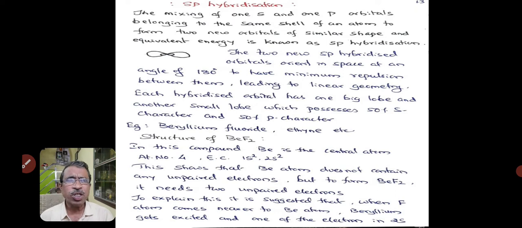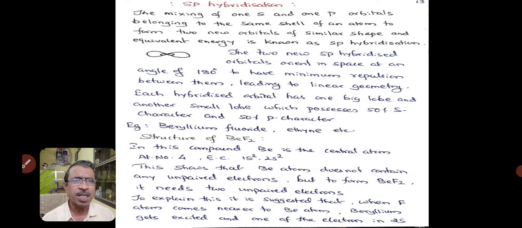Coming to the structure of beryllium fluoride. In beryllium fluoride, beryllium is the central atom whose atomic number is 4, electronic configuration 1s2 2s2, which shows that the beryllium atom does not contain any unpaired electrons. But to form beryllium fluoride, it needs two unpaired electrons.